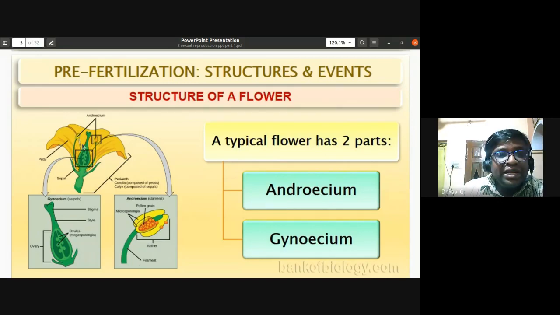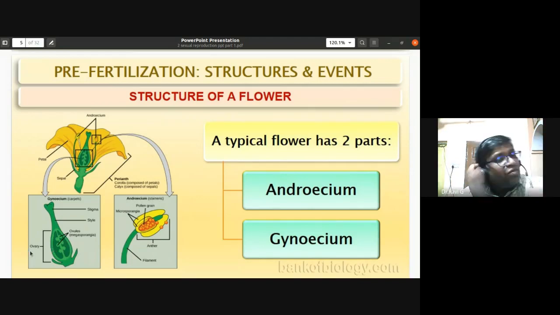In the gynoecium, if you enlarge it, they have an ovary, a style and a stigma. Stigma is the region where the pollen grains fall and germinate to produce the pollen tube. Style is a long stalk-like region. Within the ovary, they have ovules.